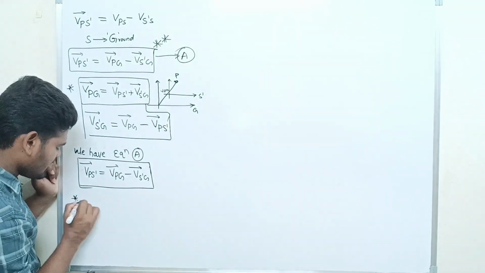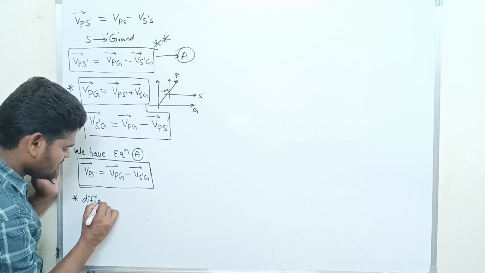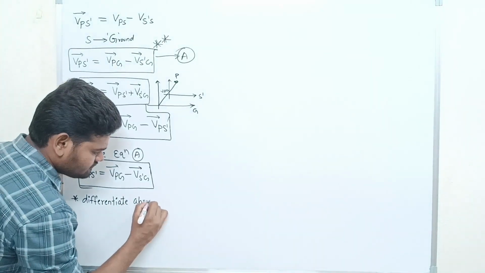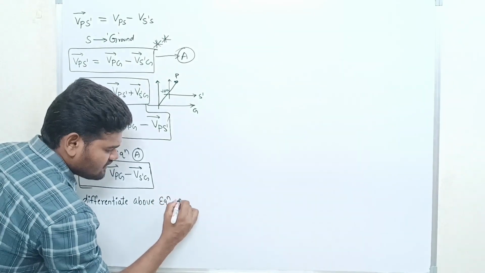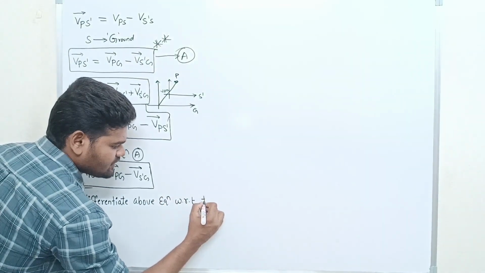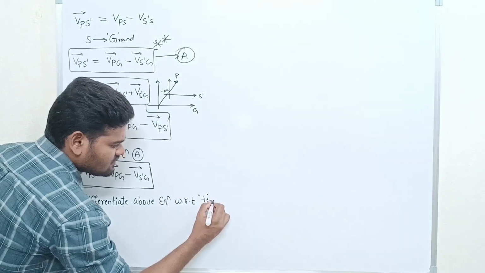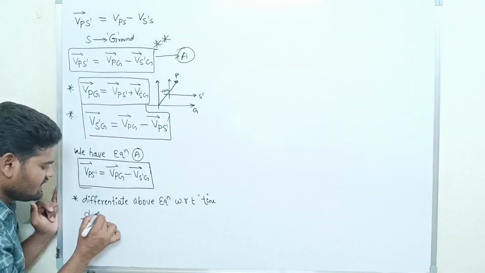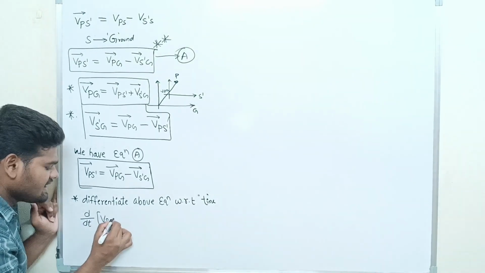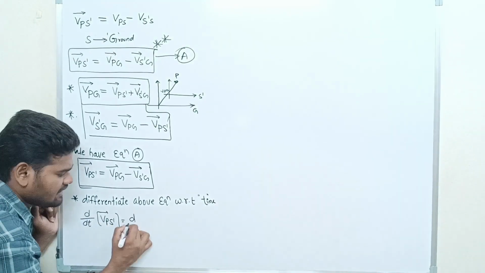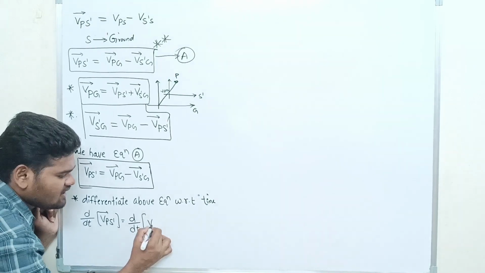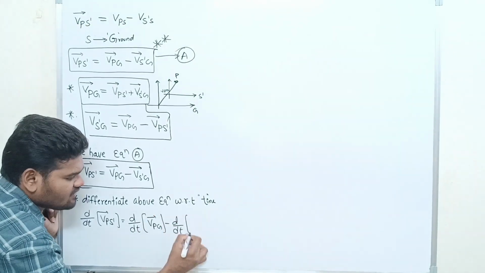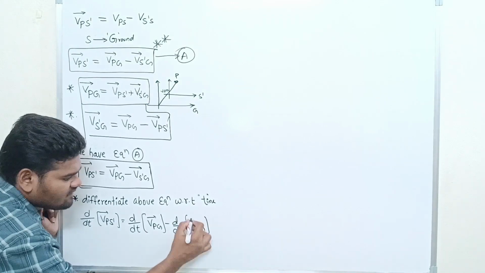Just differentiate the above equation with respect to time. Then we will get, have a look, d by dt of Vp S dash equals d by dt of Vpg minus d by dt of Vs dash g.